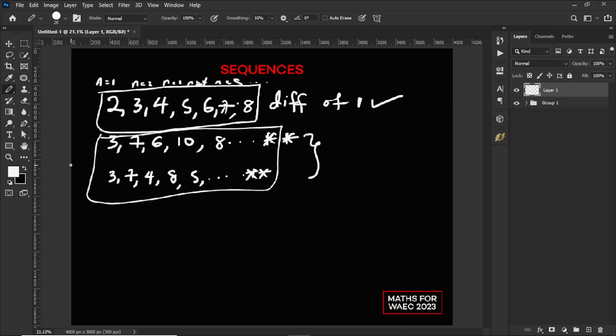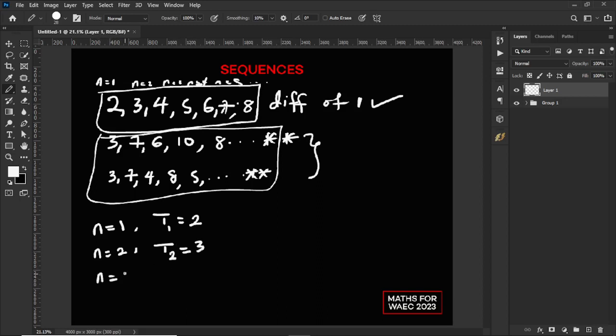You see what happened here. When n is equal to 1, T of 1 is equal to 2. When n is equal to 2, T of 2 is equal to 3.